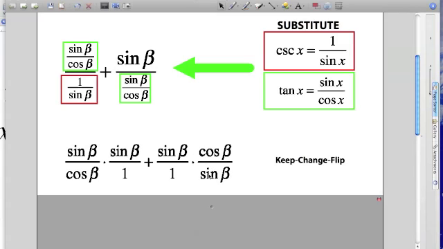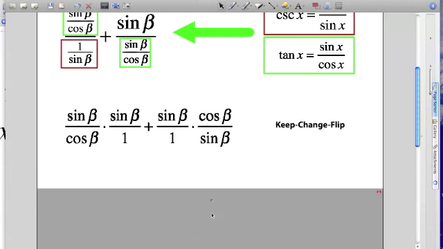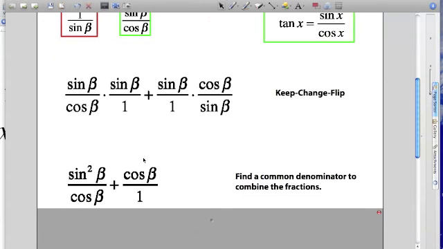I can actually cancel the sine with the sine. On the other side, I can't cancel. But here we can, and so we end up with sine squared, when you multiply the 2 sines together, with the cosine on the bottom. Here we canceled the top sine with the bottom sine, and you're left with these 2 fractions.